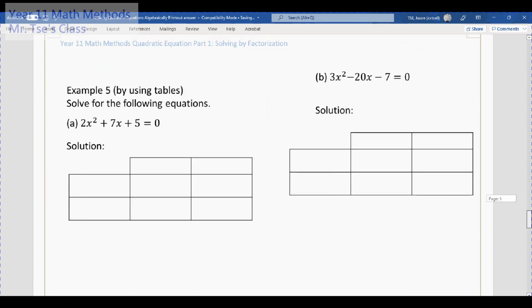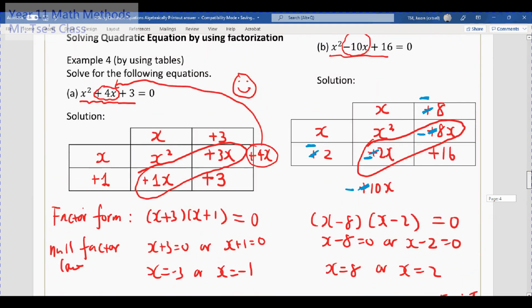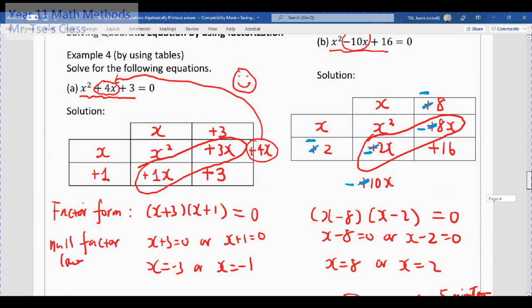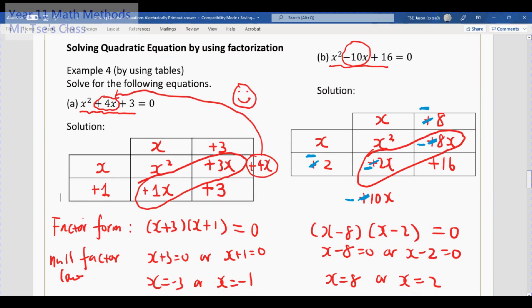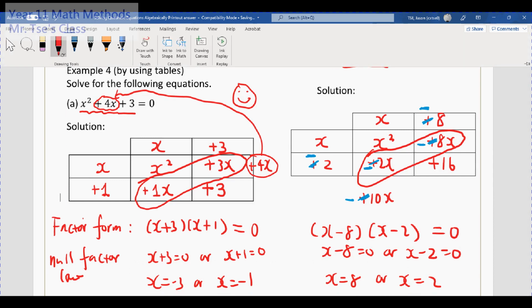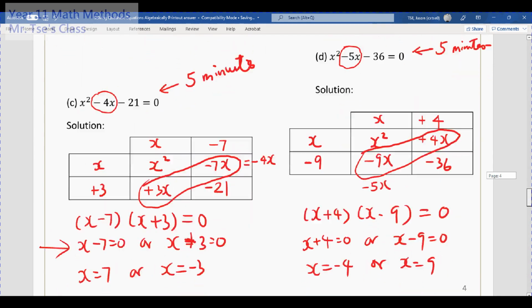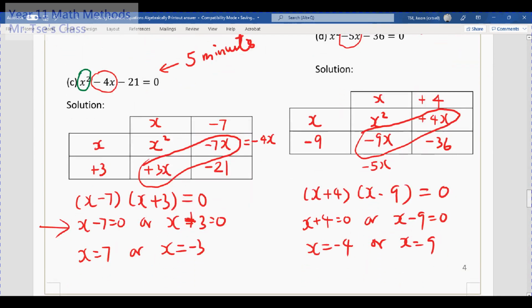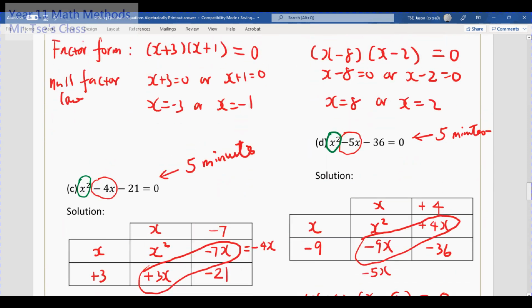What's the difference between example 5 and example 4? Of course, example 5 is more difficult. For all of example 4, you see the leading terms are always x squared. They're all x squared. So that means there's no number in front of x squared.